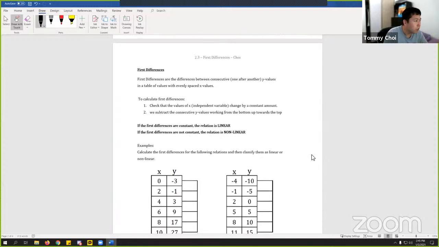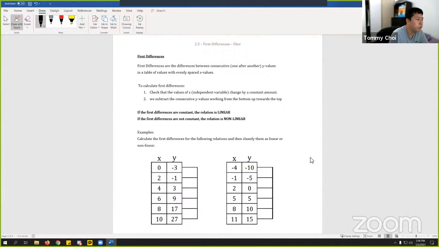Okay. So first differences here, right? The first differences are the differences between consecutive, one after another, y values in a table of values with evenly spaced out x values. We always have to make sure the x values are evenly spaced out. So to check our first differences, we check that the values of x change by a constant amount, number one.